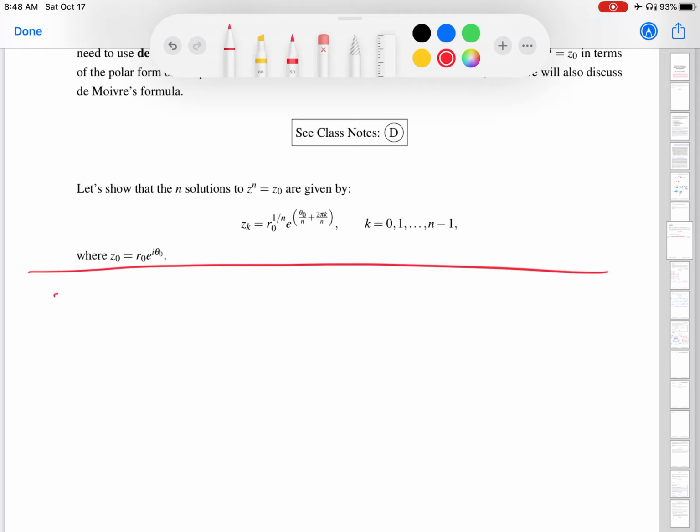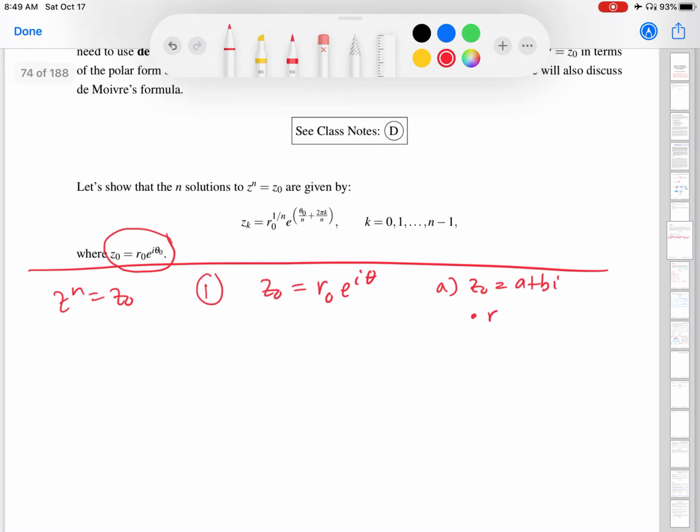So how do we figure this out? Let's write out z to the n equals z sub 0. The first thing I'm going to do is follow what's here. Step number 1 is to decompose z sub 0 into its polar form, which is exactly why we just talked about all that stuff a few minutes ago. We take z sub 0 in its non-polar form and figure out the r value and the theta value.